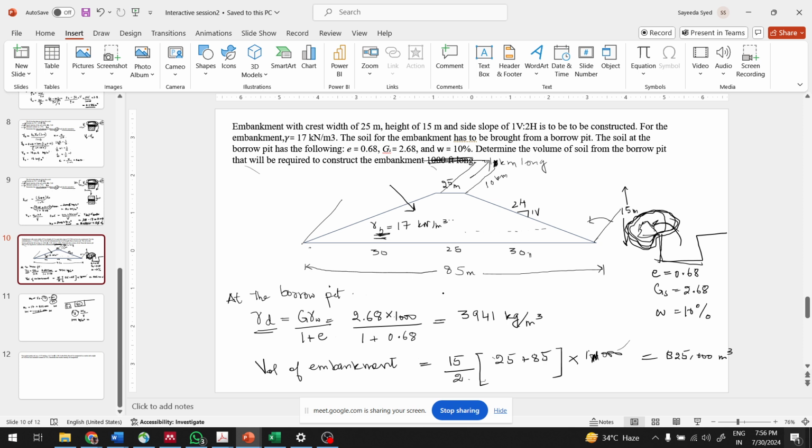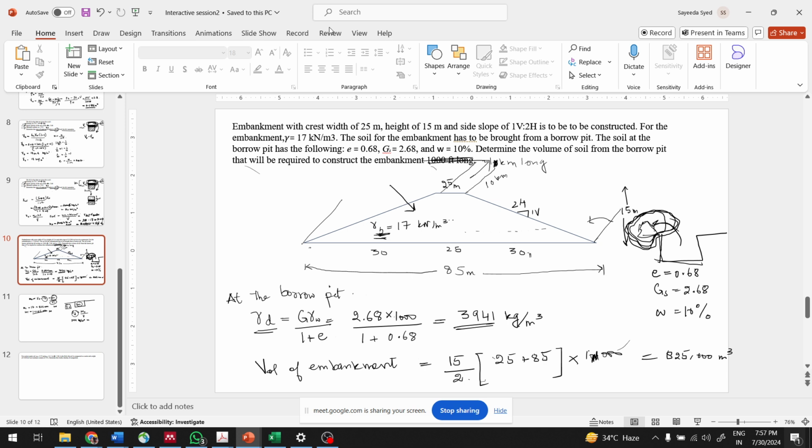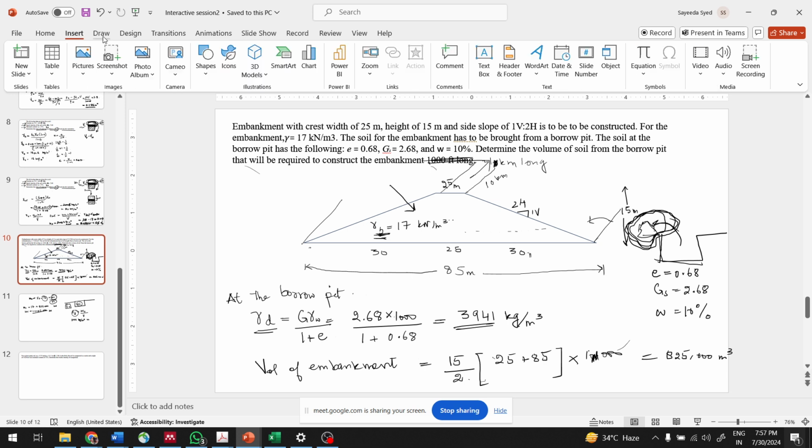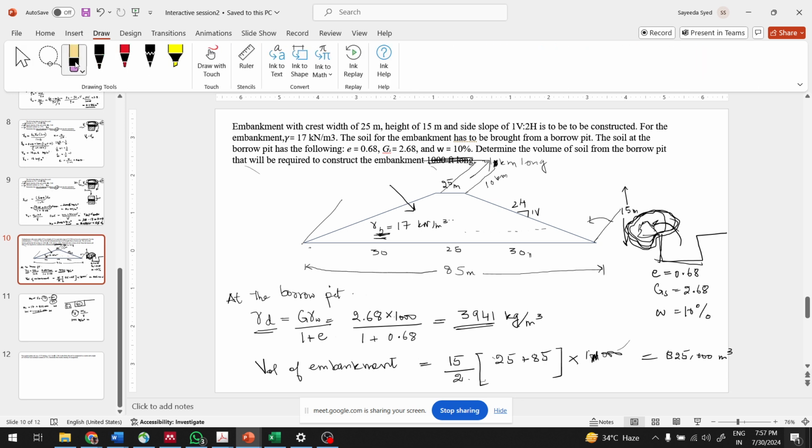Okay, there is a mistake here. I was thinking why this value is coming out to be so high, because usually what you get is up to 2000, not more than that. So there is a calculation error here.